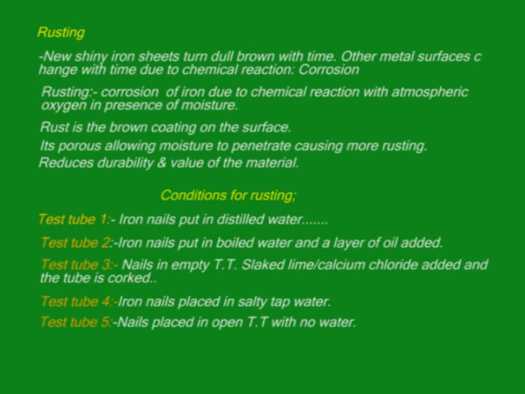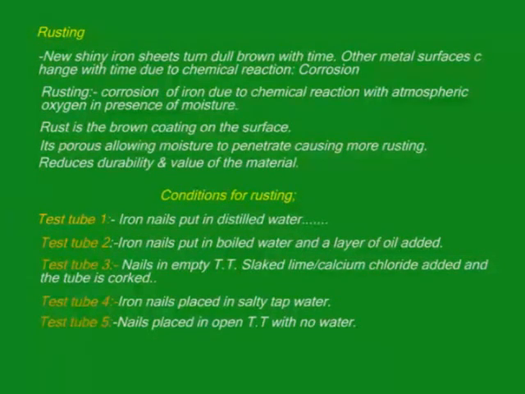The important thing to observe is which nails rusted, which rusted fastest, if at all they did rust. After a few days, the following observations will be made: the nails in test tubes 1, 4, and 5 rusted, while those in test tubes 2 and 3 did not.